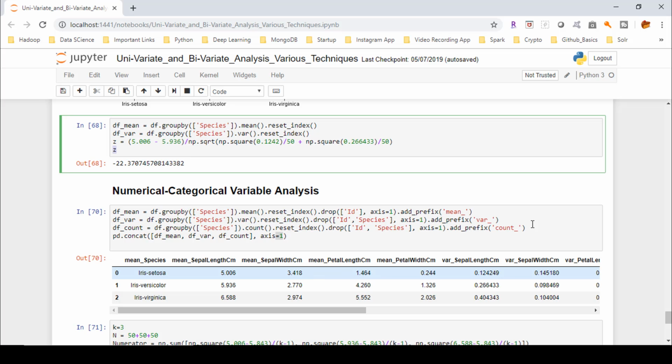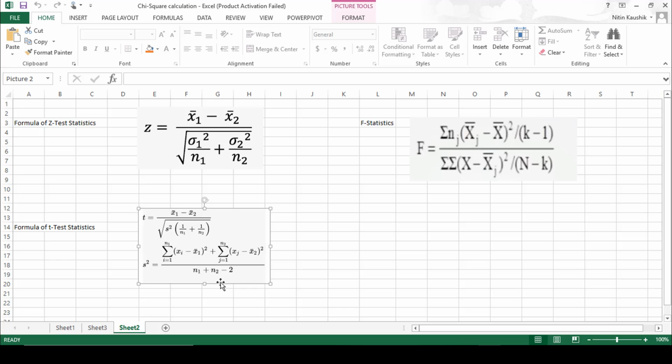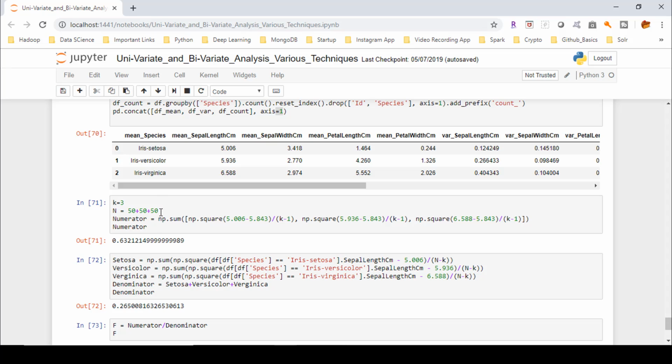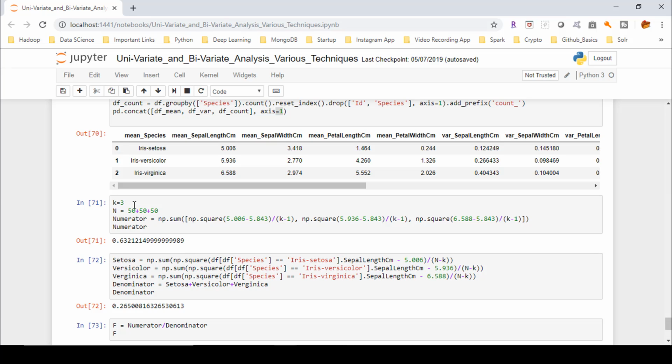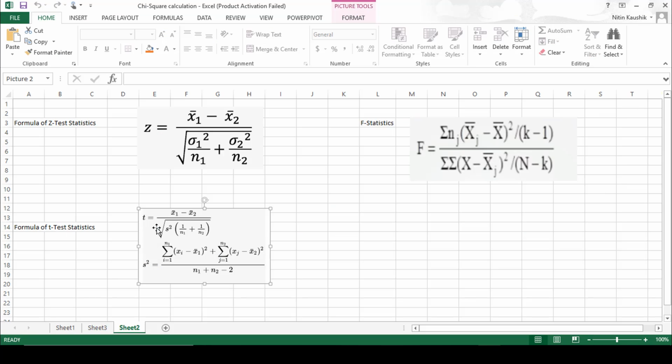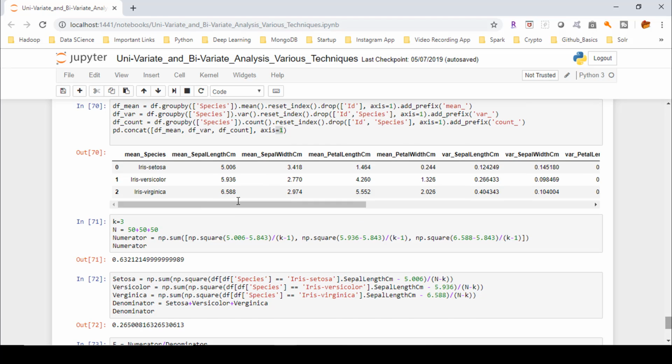Sorry, we don't need to calculate the s square in this case, because obviously we are calculating the z statistic and not the t statistic. Sorry, my bad. I accidentally stepped onto this particular calculation. This doesn't belong to the z statistic.